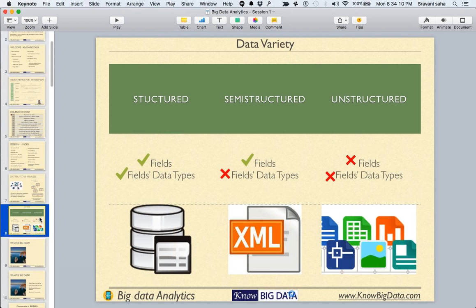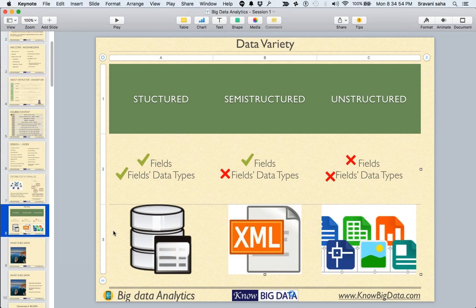Now, the second definition we are going to discuss is data variety. Many times we will talk about the kind of data: structured, semi-structured, unstructured, but at the end of it, all of it is just data. When we know in our input data what the fields are as well as their data types, we call that structured data. In case we do not know their data types, but we know what the fields in the input are, we call it semi-structured data.